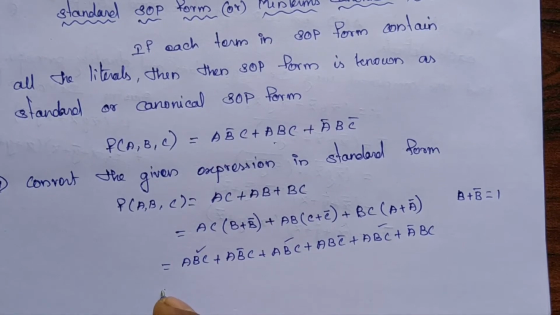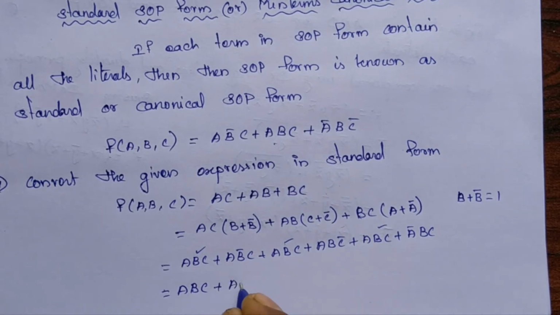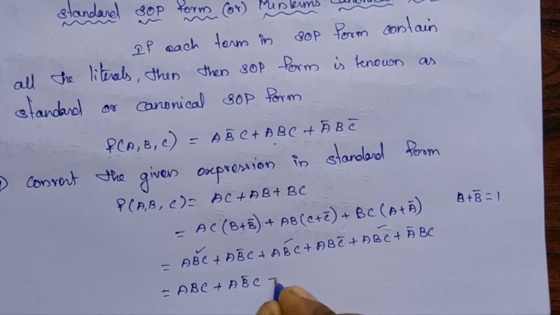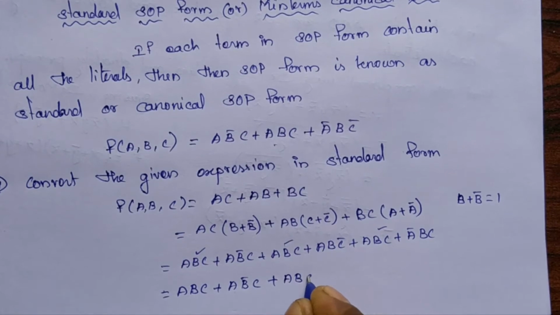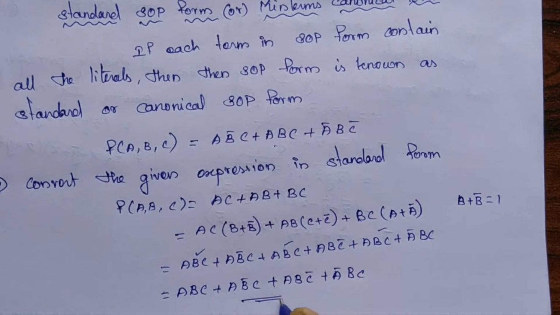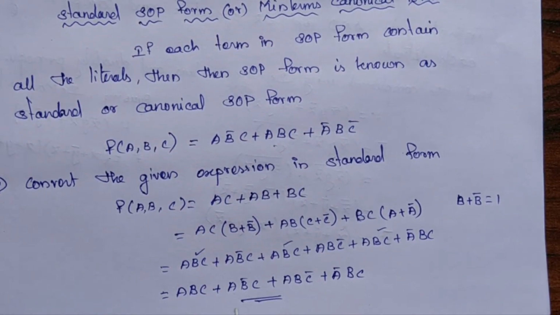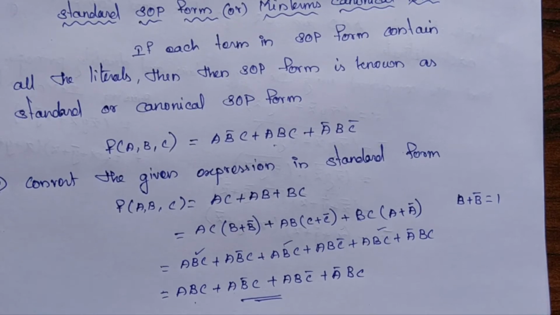Therefore we can consider it as a single term abc plus a b bar c plus a b c bar plus a bar b c. Okay, now in this final expression we are having all the literals. In each term we will have all the literals. Therefore this is the standard sum of product form.